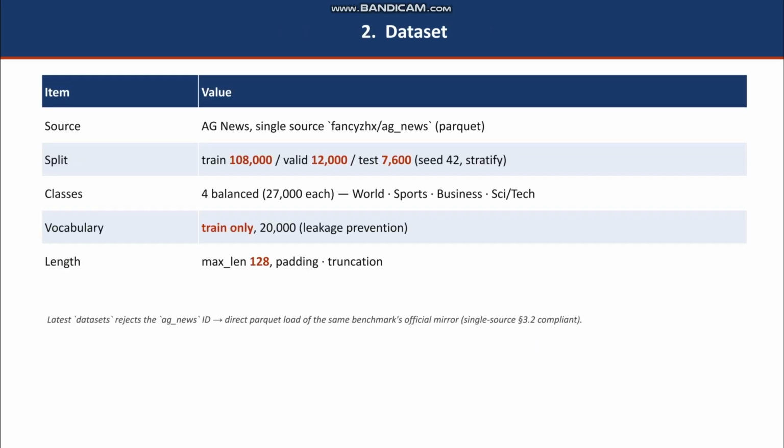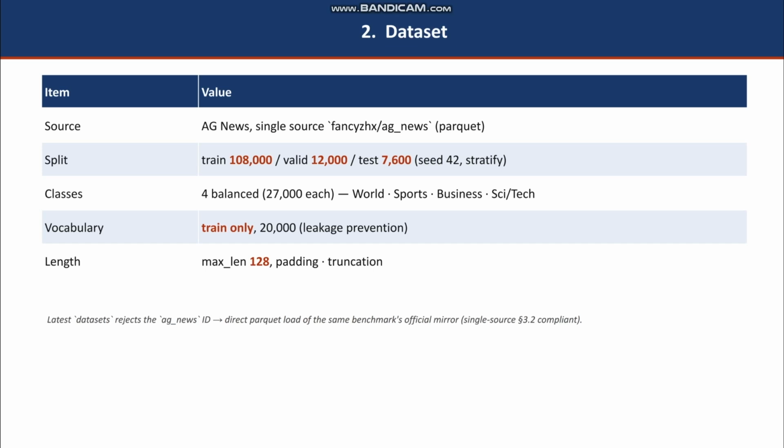AG News, for a single source. I load it from the official mirror. I fixed the AG News split because recent dataset versions differ, and I used one allowed access path to the same benchmark.